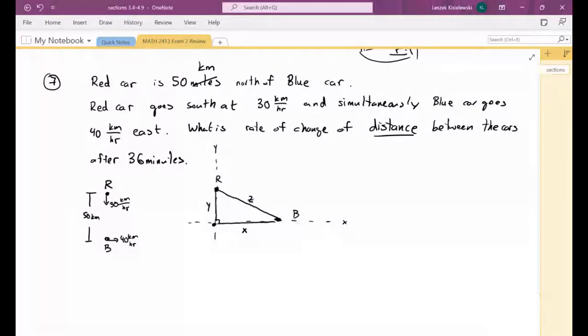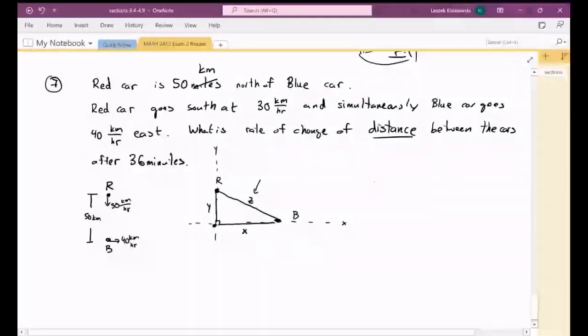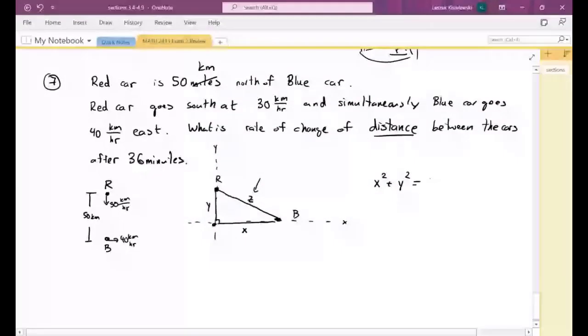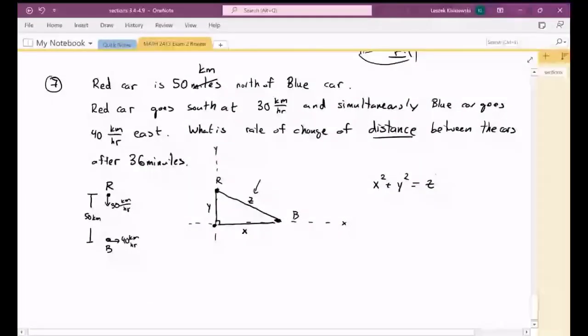And all of these get letter names, right? Because all these quantities are changing with time. There's no fixed thing here except maybe for the rates. All right, so we know we can relate the distance to the positions by the Pythagorean theorem. So that's our equation relating the variables whose rates we want to relate.